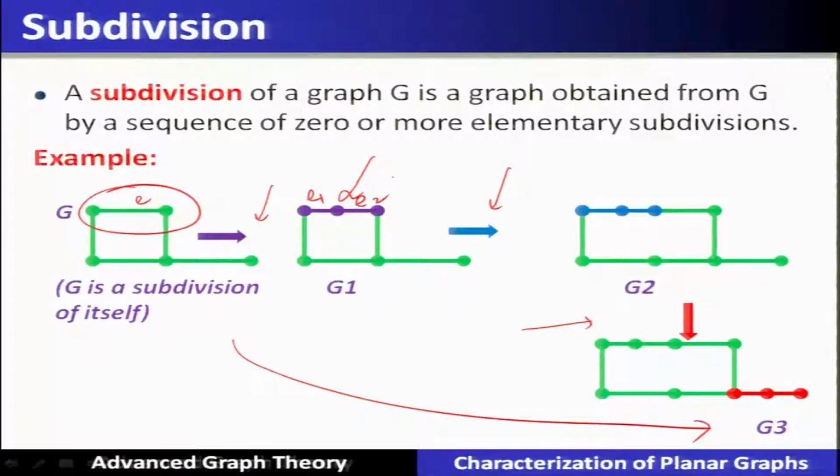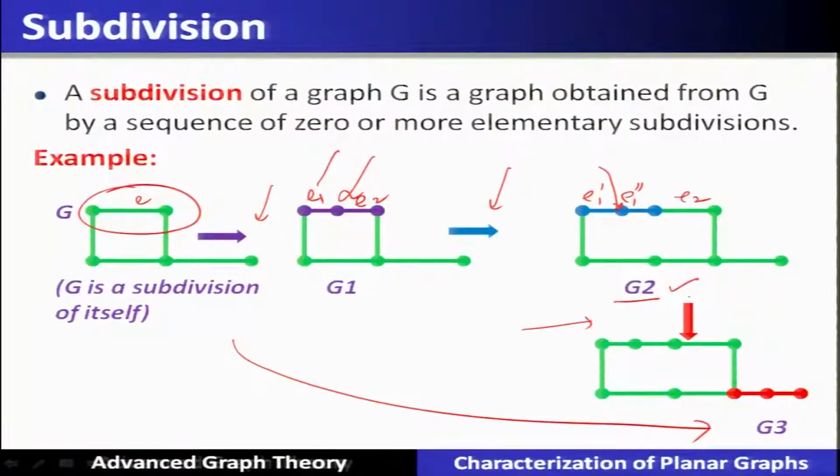Similarly, this particular edge E1 we are further subdividing into E1 prime and E1 double prime. This is an elementary subdivision, introducing this new vertex, obtaining another graph, that is G2.